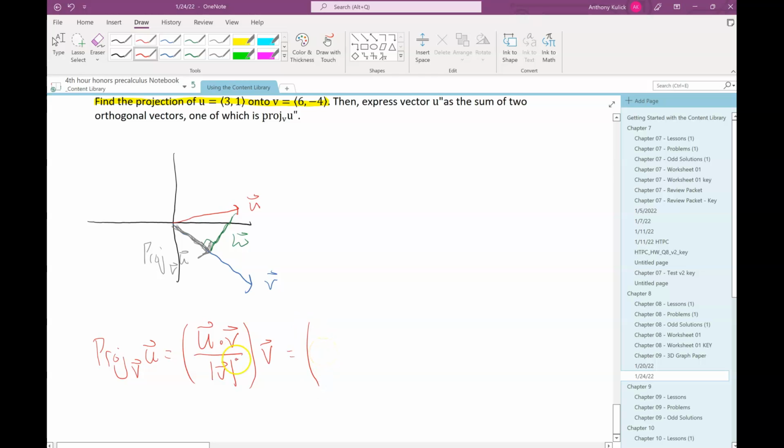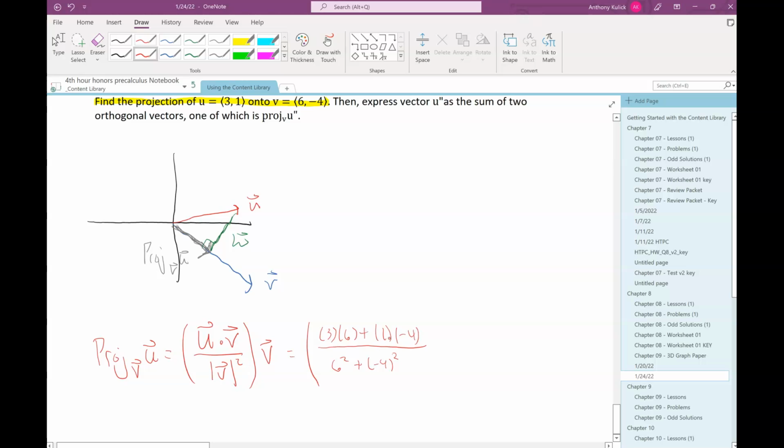So we'll just start with our formula. u dot v is just the product of the x components plus the product of the y components. And the magnitude of v squared, well, that's just going to be 6 squared plus negative 4 squared, square rooted and then squared.